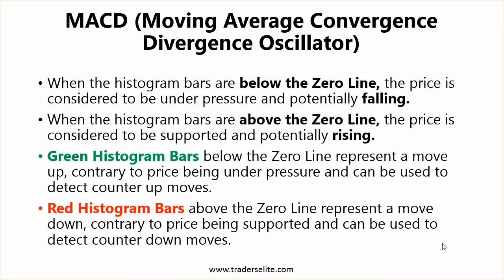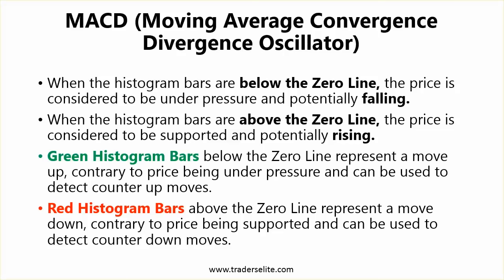And red histogram bars above the zero line represent a move down, contrary to price being supported, and can be used to detect counter down moves. Okay, so if the price is moving up and you see a red histogram bar, again, that's a first alert that the price could be correcting and moving down.